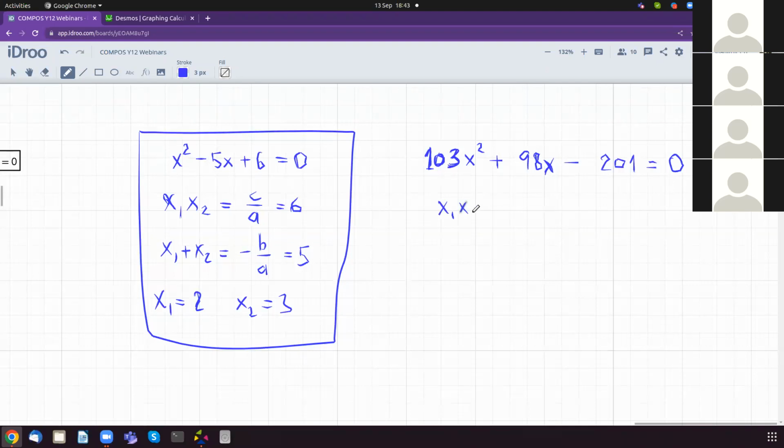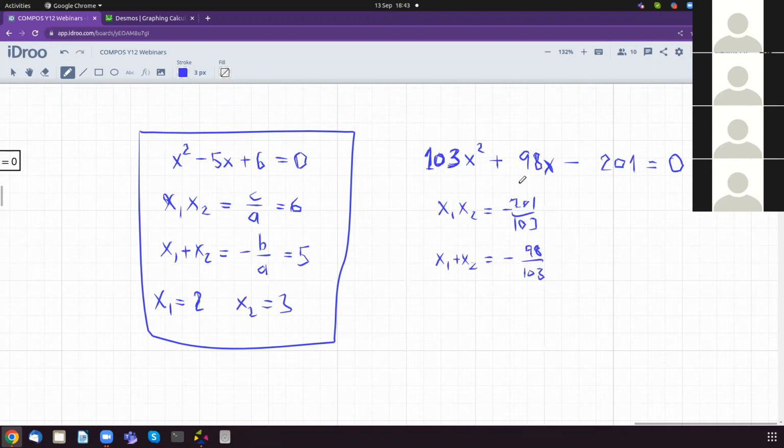So what you do, write it out regardless. So x1 x2 is minus 201 over 100, and the sum x1 plus x2 is minus 98 over 100. Sorry, the product is minus 201 over 100 and the sum is minus 98 over 100.